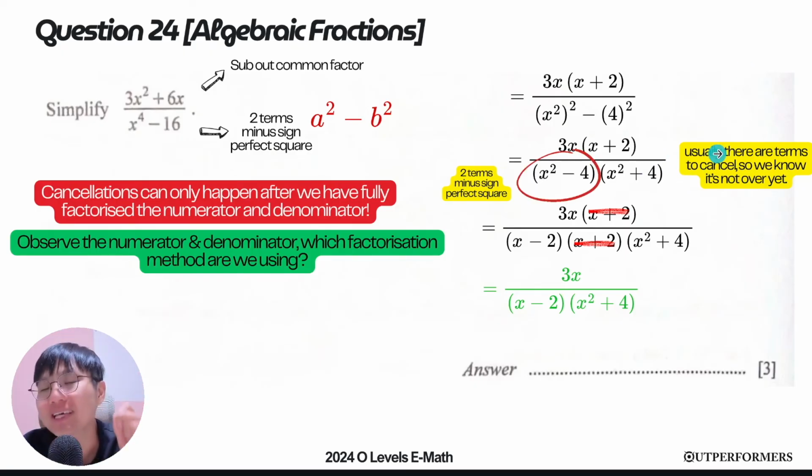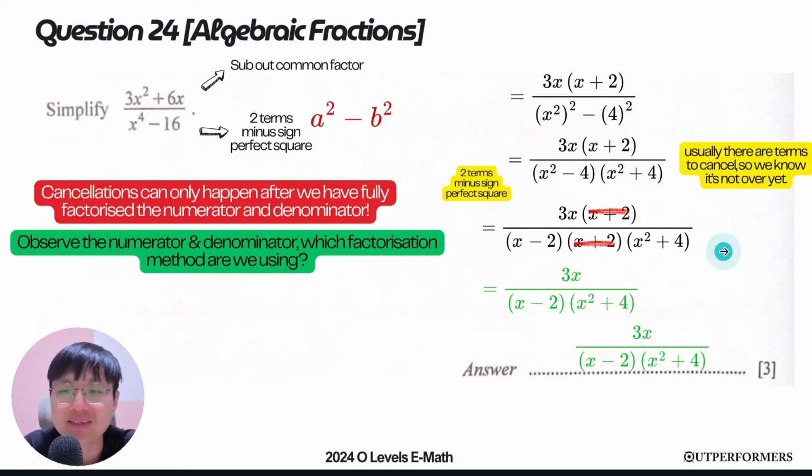So there's actually further factorization we can do for this part, and that's when we can make it x minus 2, x plus 2, which allows us to cancel. Yay, we actually got two of the same terms right here, so we can cancel it off and we'll be able to get this as our final answer.